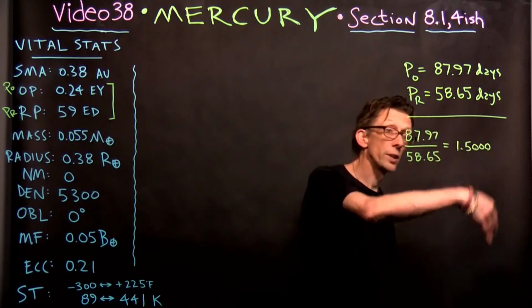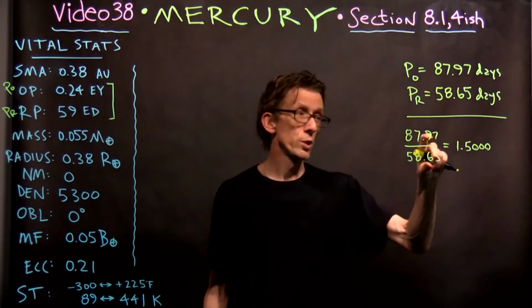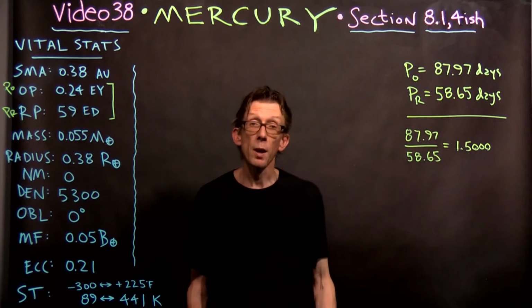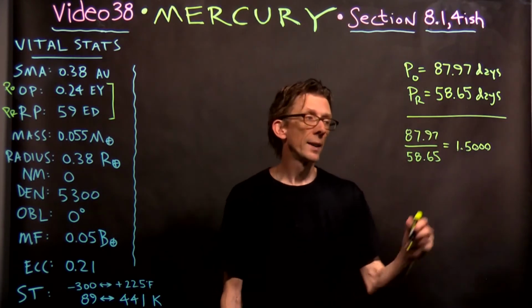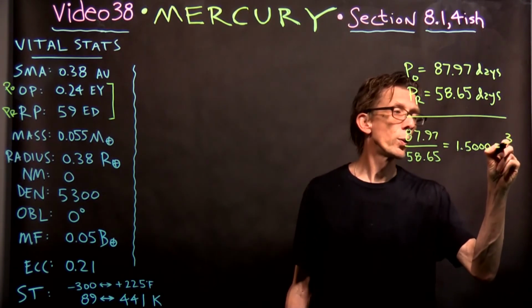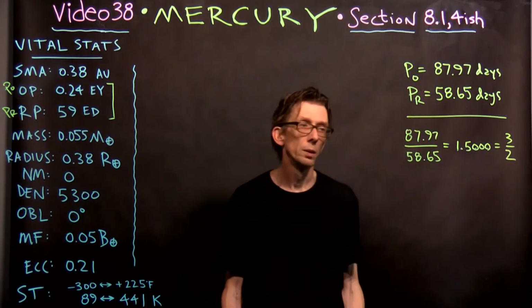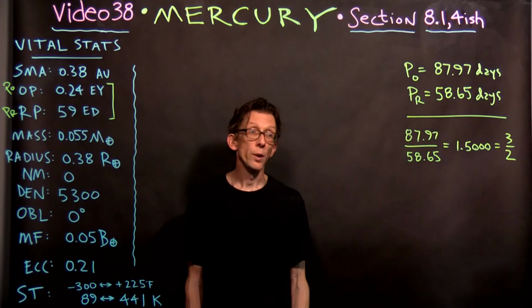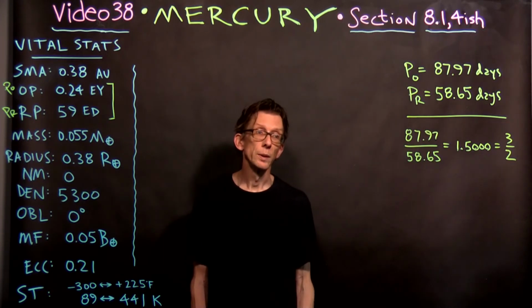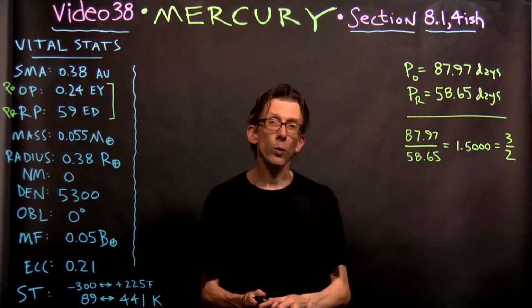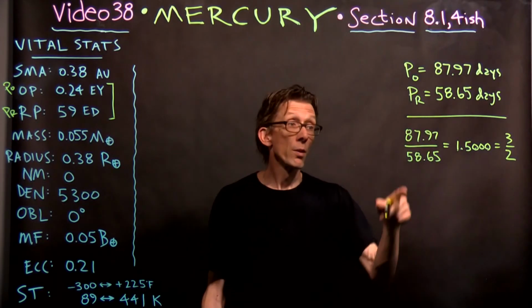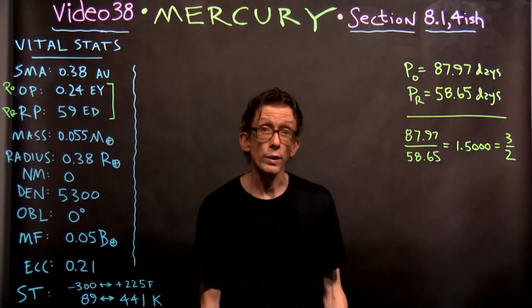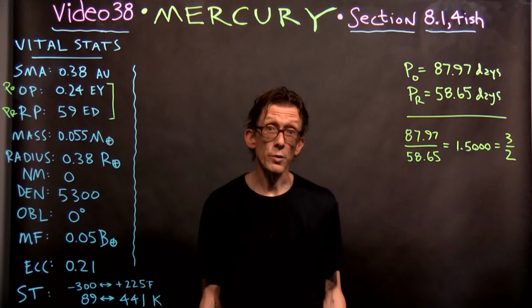If we keep going, you'll see that it does change a little bit, but that's just because my numbers here are not perfect. But the point is that there's a ratio here of 3 to 2. And we'll see what that means. These two numbers are simply related to each other. That's what I'm trying to say.